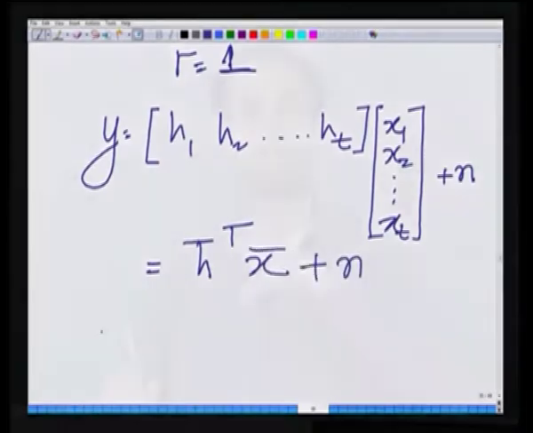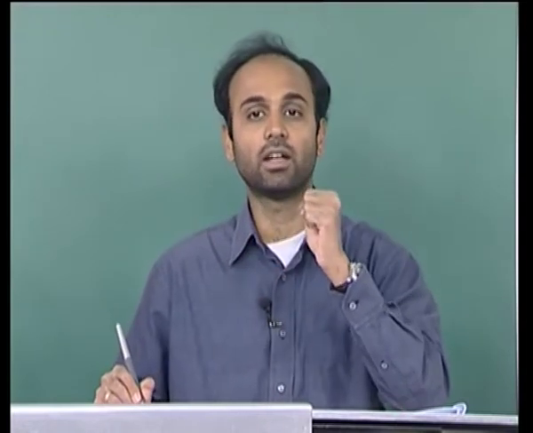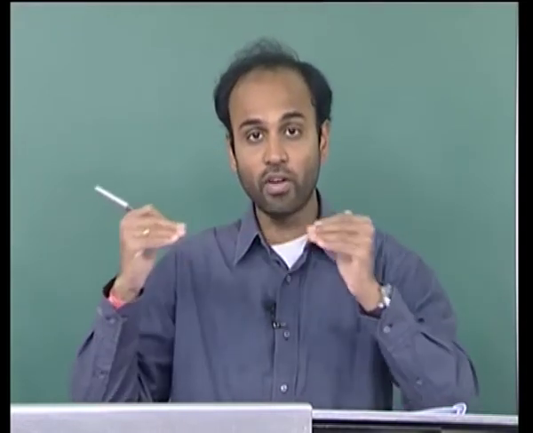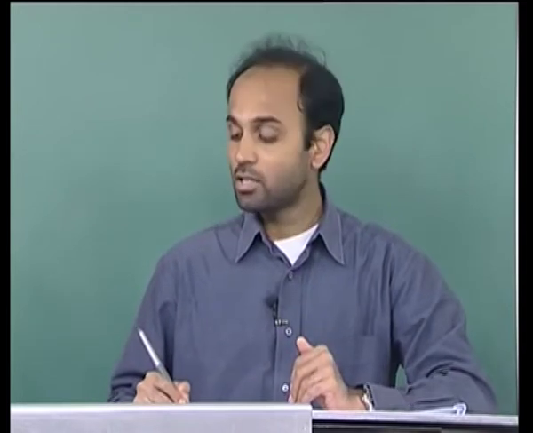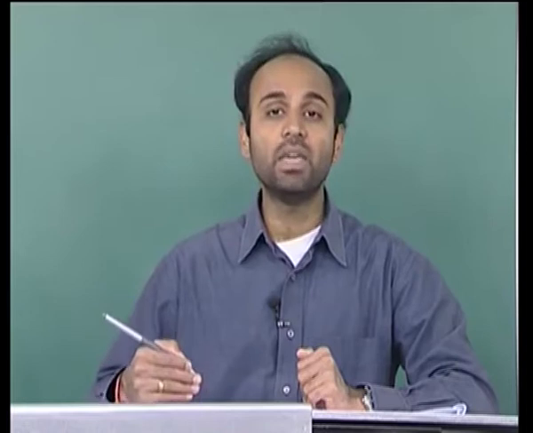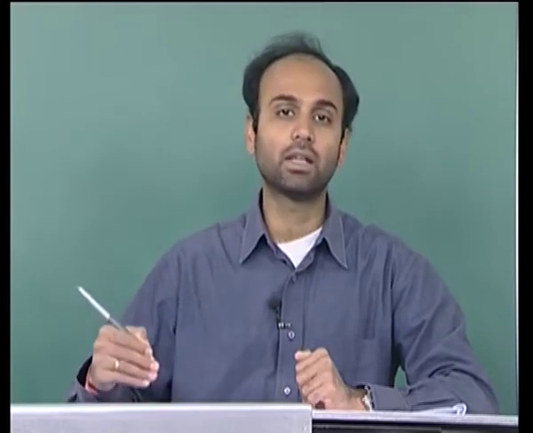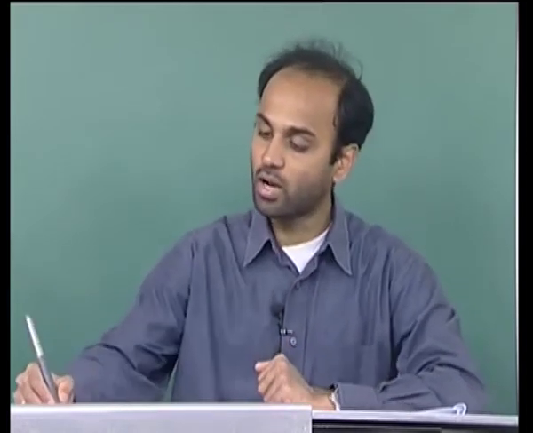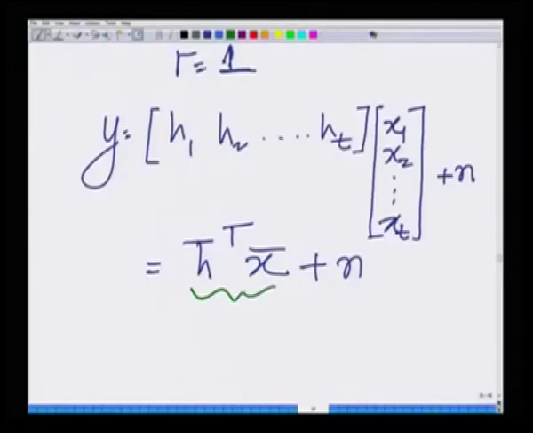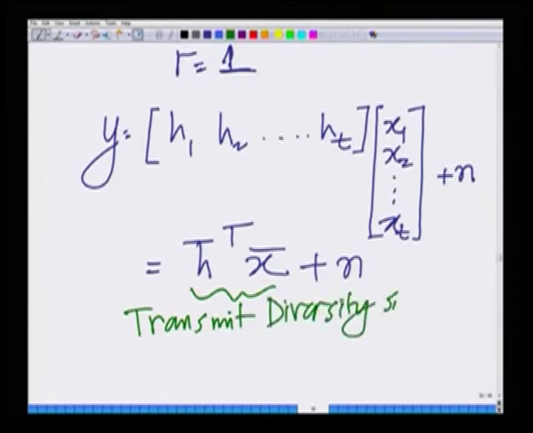So, now I am saying there are T transmit antennas, but only a single receive antenna, hence the channel matrix is now a row vector. This is known as a transmit diversity scenario or a MISO system, that is multiple input single output system.